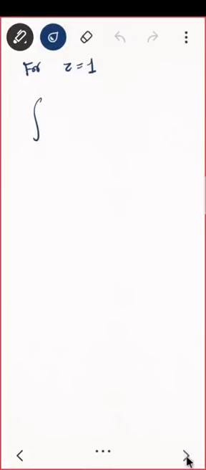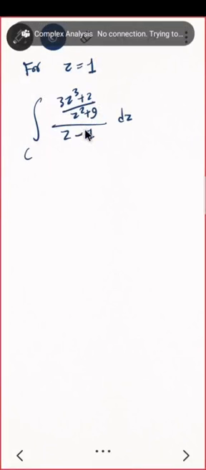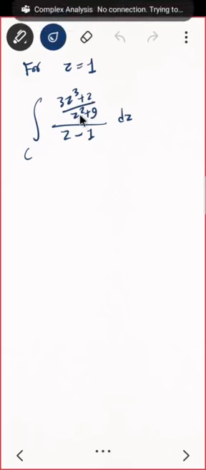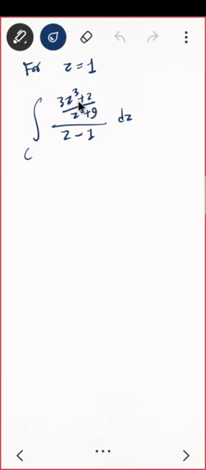To calculate the residue at z equal to 1, I am writing my function in this form. All I need to check is the numerator part. Is this analytic at z equal to 1? The numerator part, is it analytic at z equal to 1? Yes, of course it is analytic. There is no problem for z equal to 1.